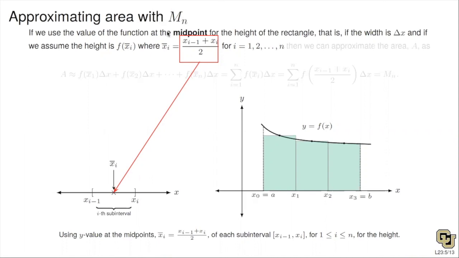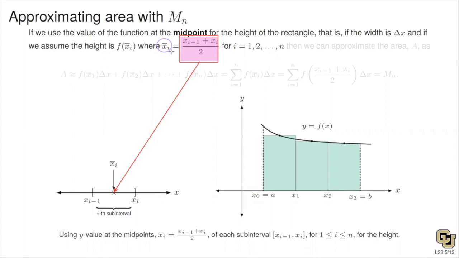The book decides maybe writing x sub i minus 1 plus x sub i over 2 over and over again may not be fun. So instead, the book introduces new notation and calls the midpoint x sub i bar. So please don't be confused. The x sub i bar is really superfluous and unnecessary.